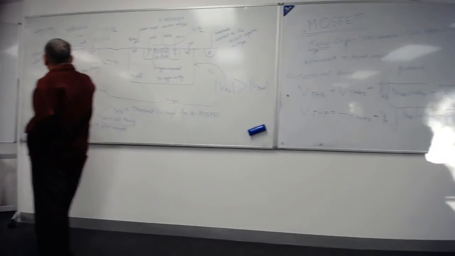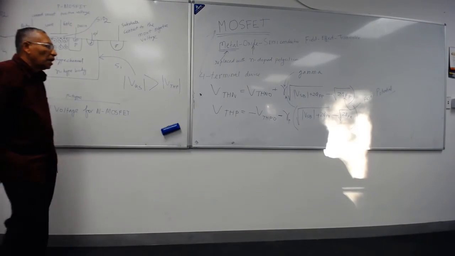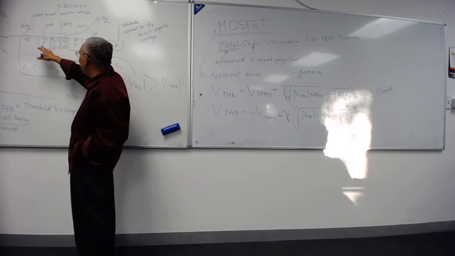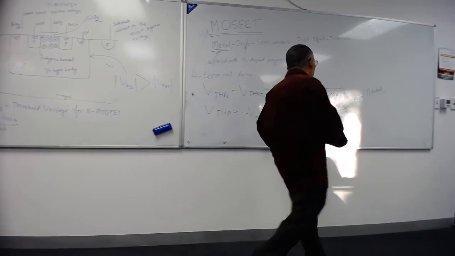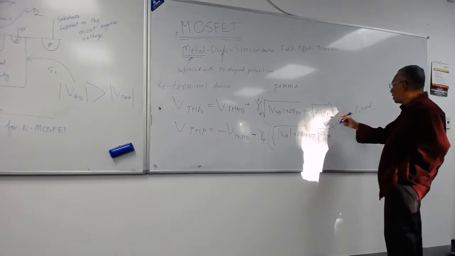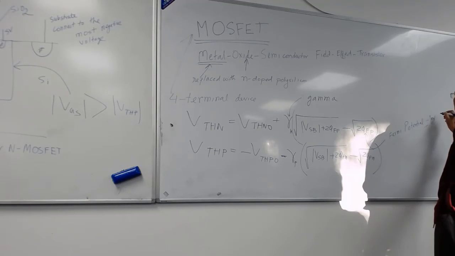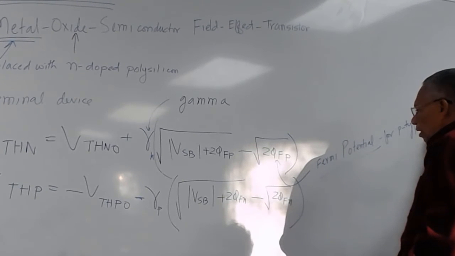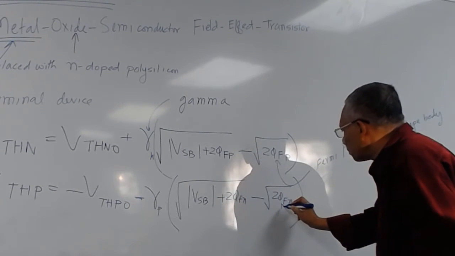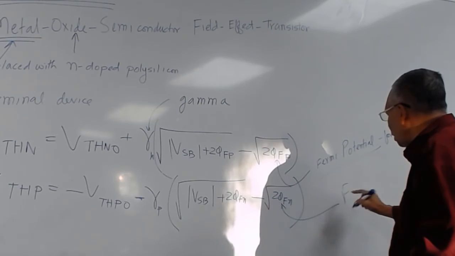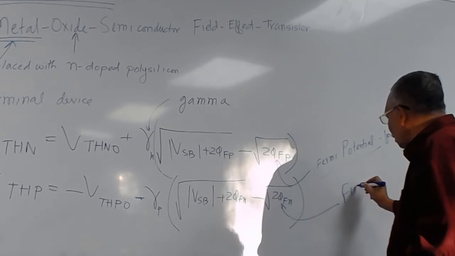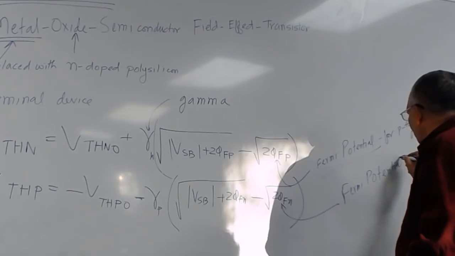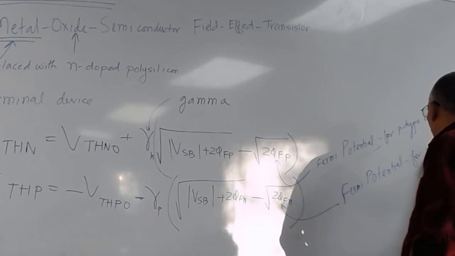This P comes because of the P-type body in the NMOS, and this N comes because of the N-type body for the PMOS. You see here the N-type body, so that's why you have the Fermi potential for N-type. This is the Fermi potential for the P-type body, and this is the Fermi potential for the N-type body.